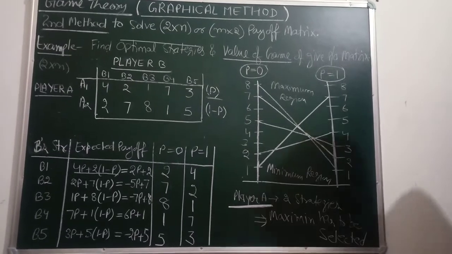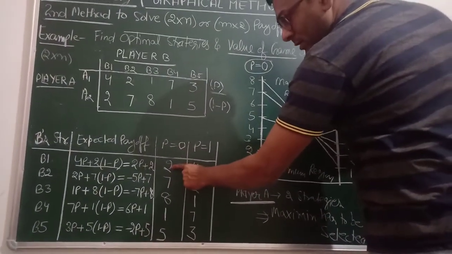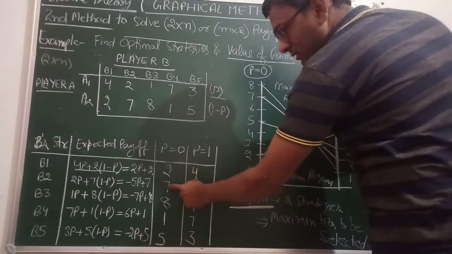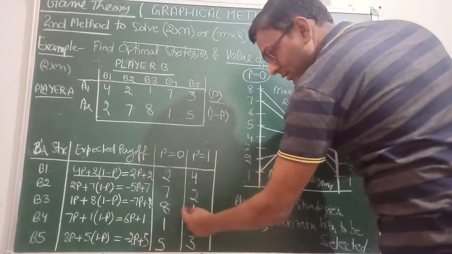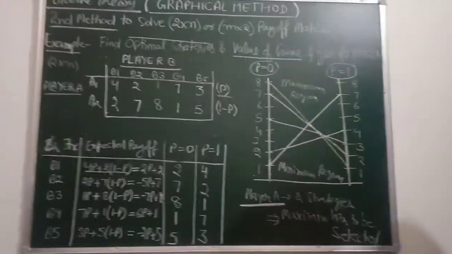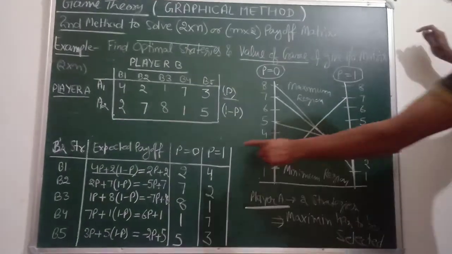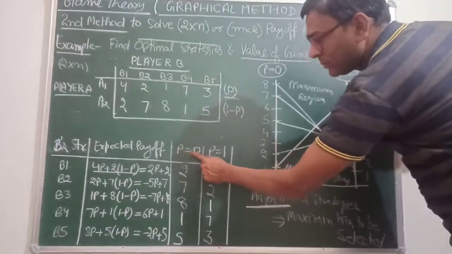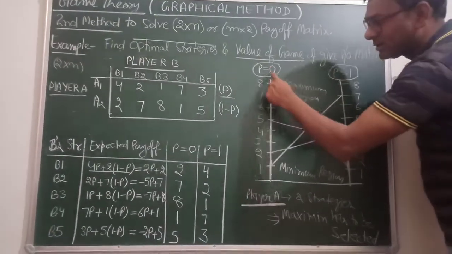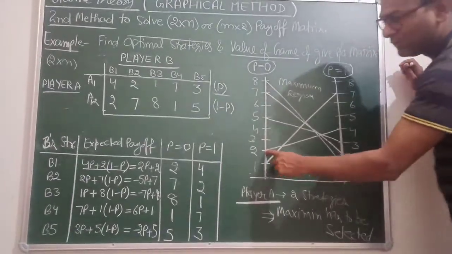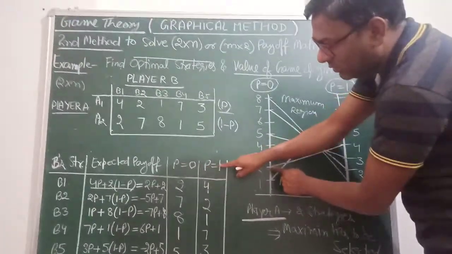Now we have to plot these 2 points, or we have to join these 2 points: 2 and 4, similarly 7 and 2, 8 and 1. So let us start with joining 2 with 4. This 2 is on the P equal to 0 line, and we have to join it to the 4, which is lying on the P equal to 1 line.